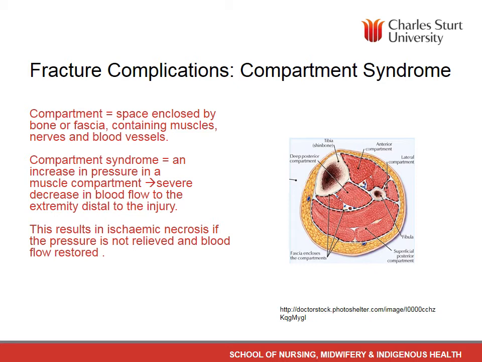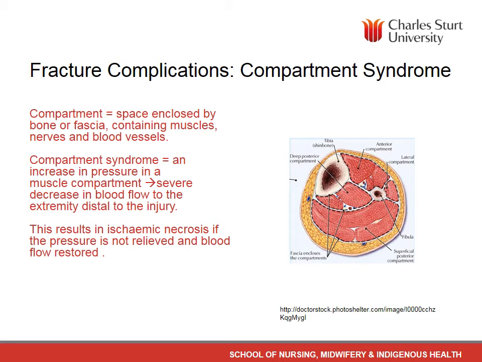So loss of function can actually be permanent after 4 hours of ischemia. So it's really important that this is picked up very quickly and that it is managed to prevent the problem from occurring. If the pressure is not relieved and blood flow is not restored, then you'll end up with ischemic necrosis, or death of that tissue.